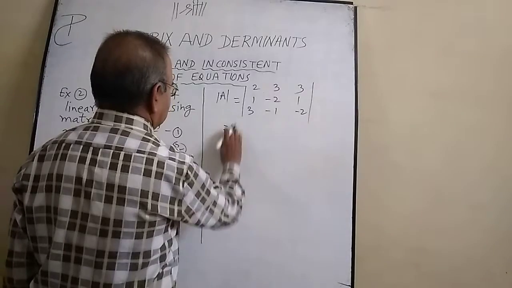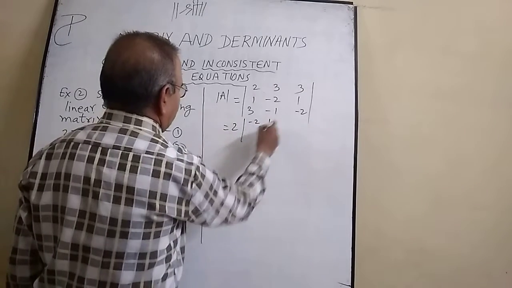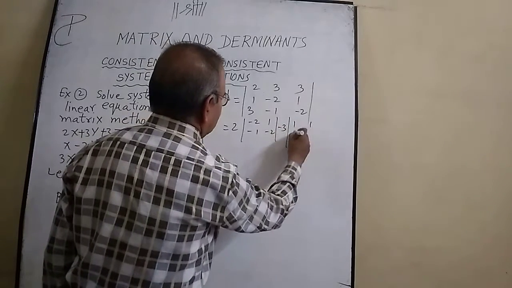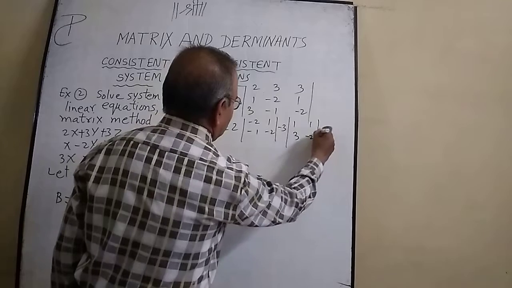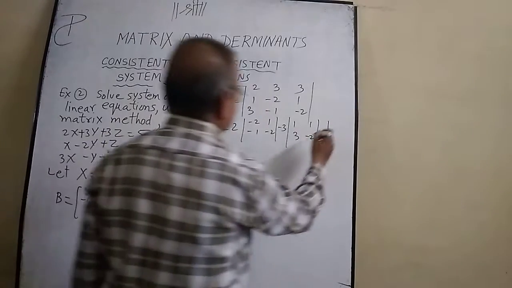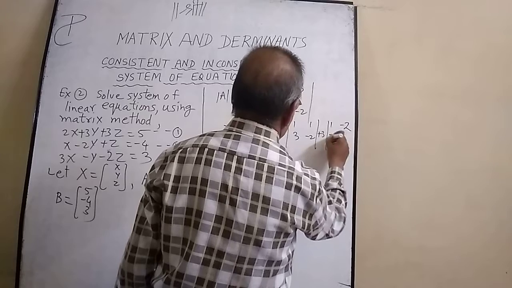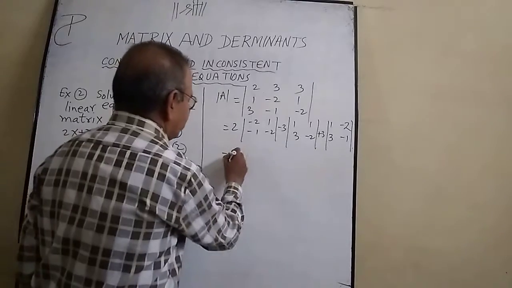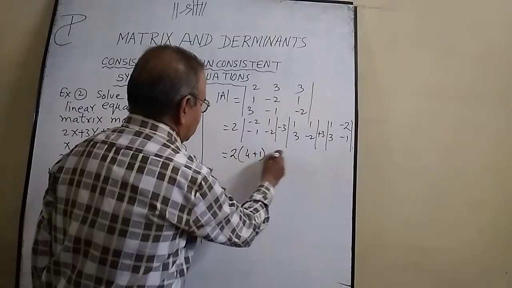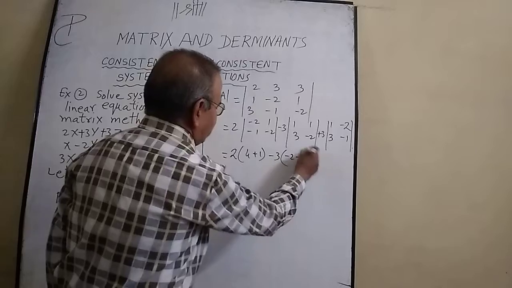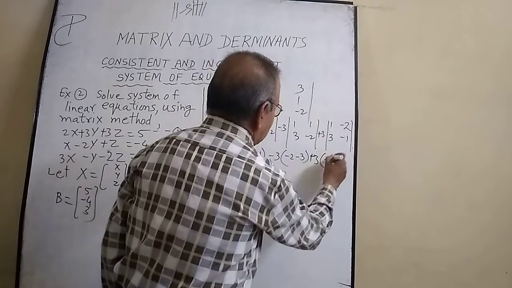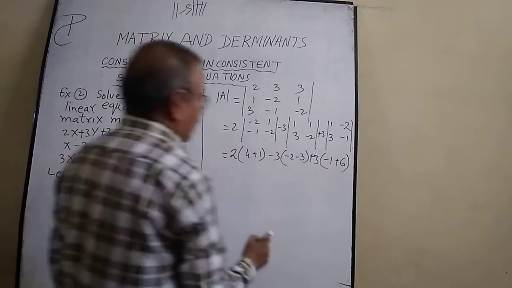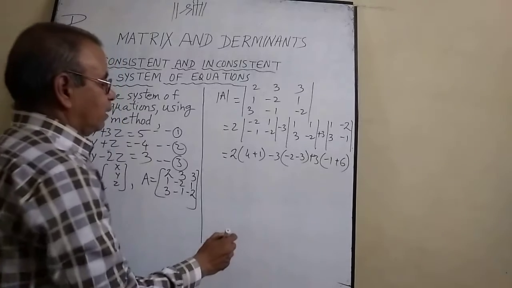So that is equal to 2 times minus 2, 1, minus 1, minus 2, minus 3 times 1, 1, 3, minus 2, and plus 3 times 1, minus 2, 3, minus 1, and therefore that is equal to 2 into 4 plus 1, minus 3 into minus 2 minus 3, plus 3 into minus 1 plus 6.